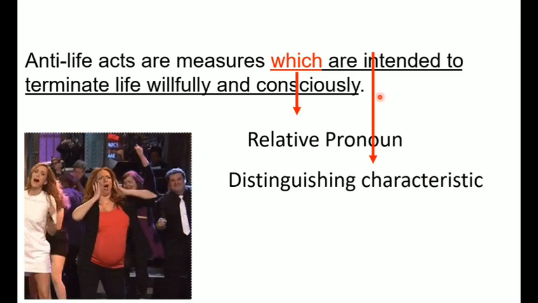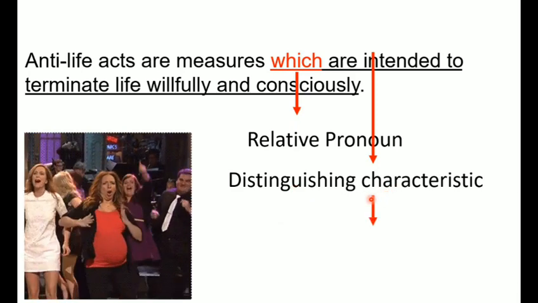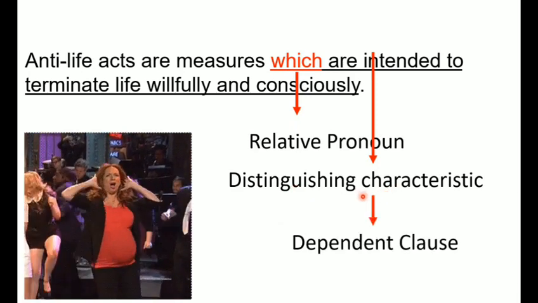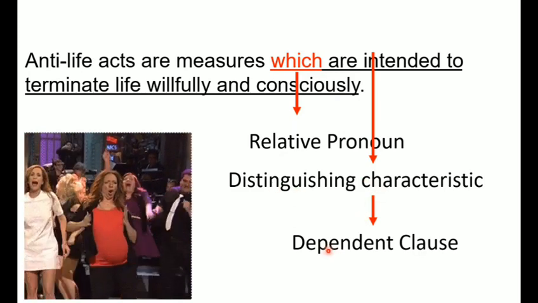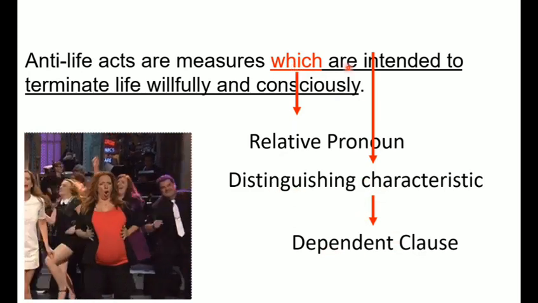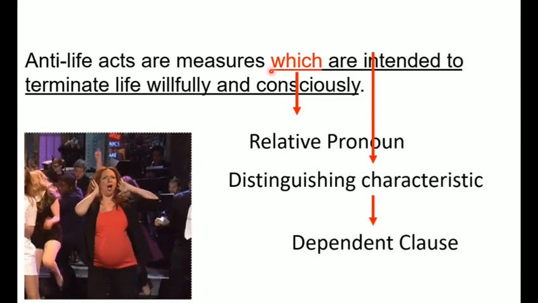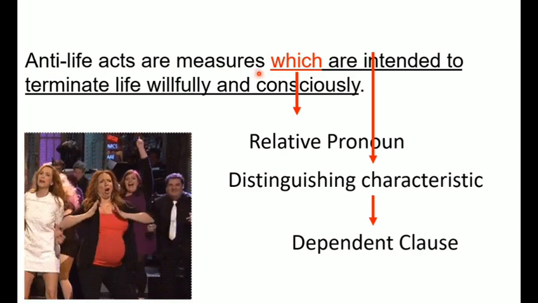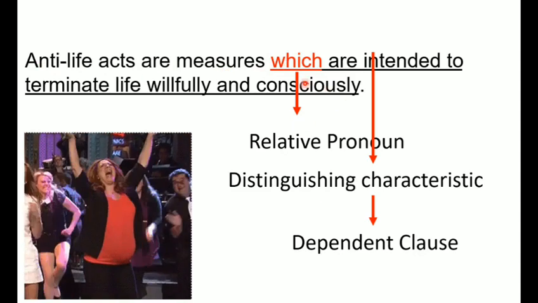Itong lahat ng mga underlined word kasama ang which ay distinguishing characteristics. And this distinguishing characteristic is also a dependent clause. Kaya natin ito tinawag na dependent clause kasi it is a clause that cannot stand alone. Without this first part, this dependent clause has no meaning.